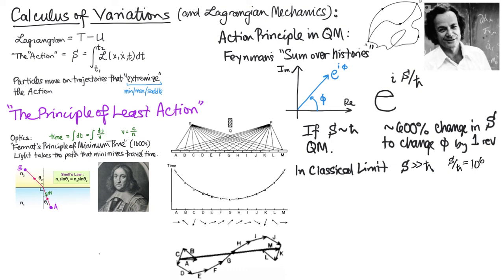In the classical regime, this ratio would be 10 to the 30 or something. But let's just say it's 10 to the 6. If you want phi to change by 2 pi, then you need S to only change by a tiny bit, by 0.0001%. It's 2 pi over 10 to the 6.